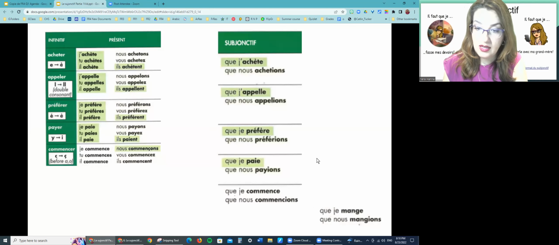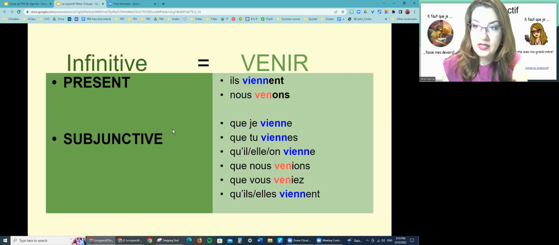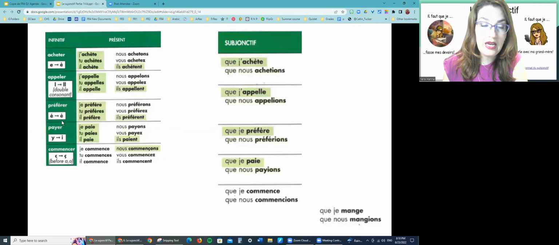And here is the same information in a different way. It shows you exactly how the stem changes in payer, the Y and the I, commencer, the C and the Ç, appeler, one L versus double L, and so forth. So pause and understand, s'il vous plaît.